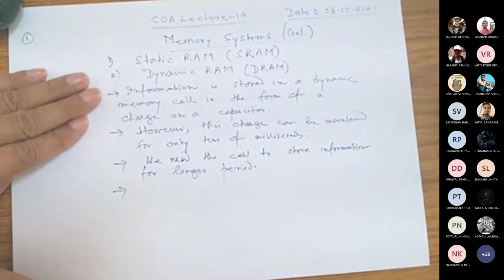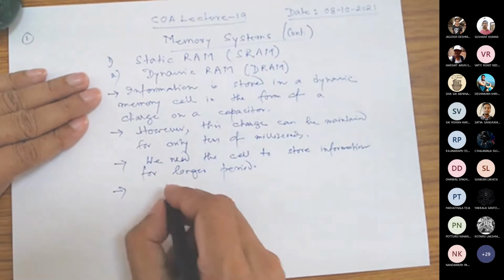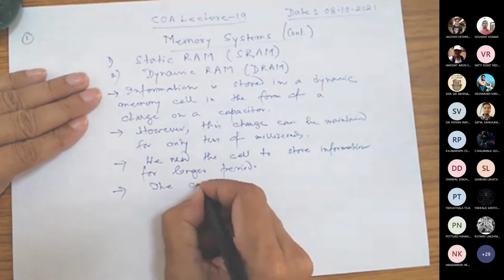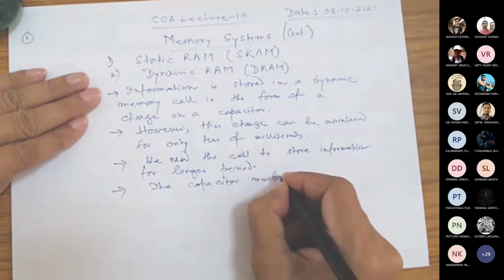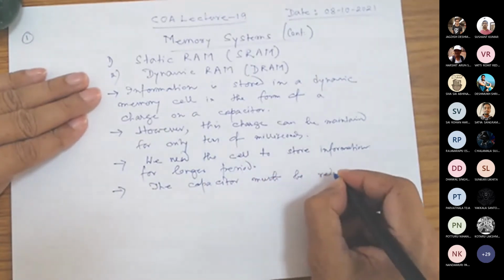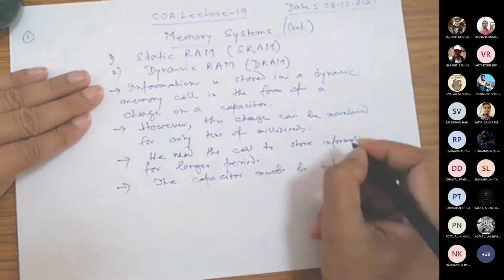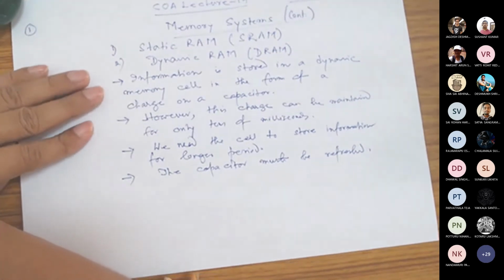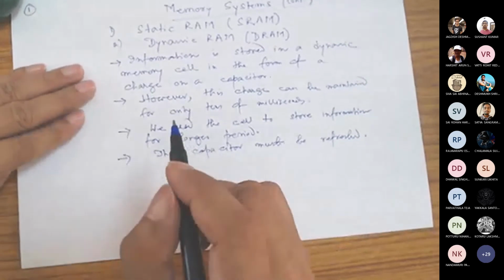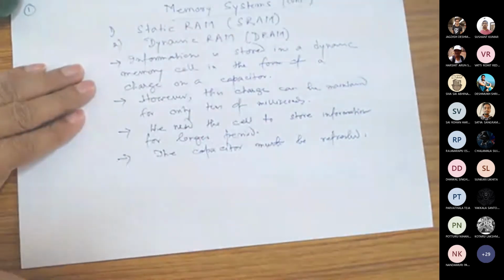So what do we need? The capacitor must be refreshed. So this is dynamic RAM.